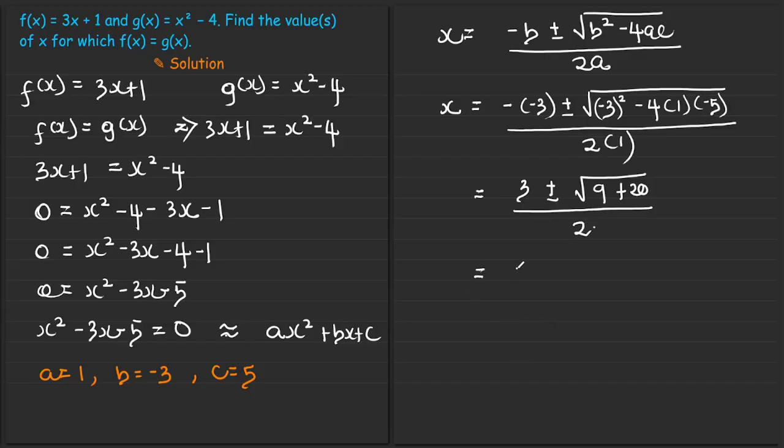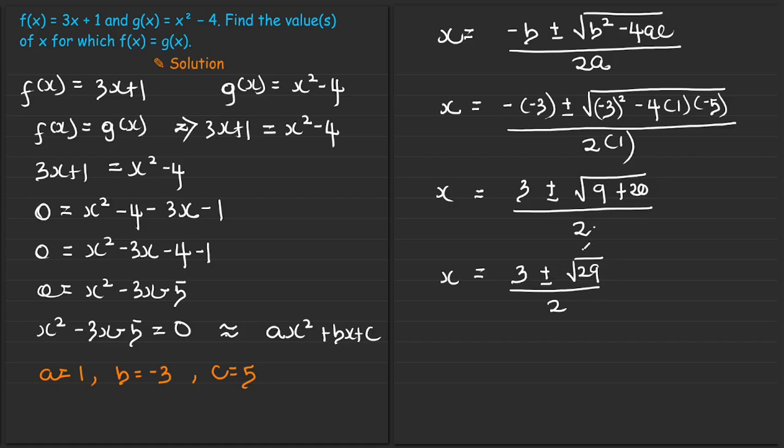Still simplifying, we have our 3, which is plus or minus the square root of 29 all over 2 as our x. This is our final solution.